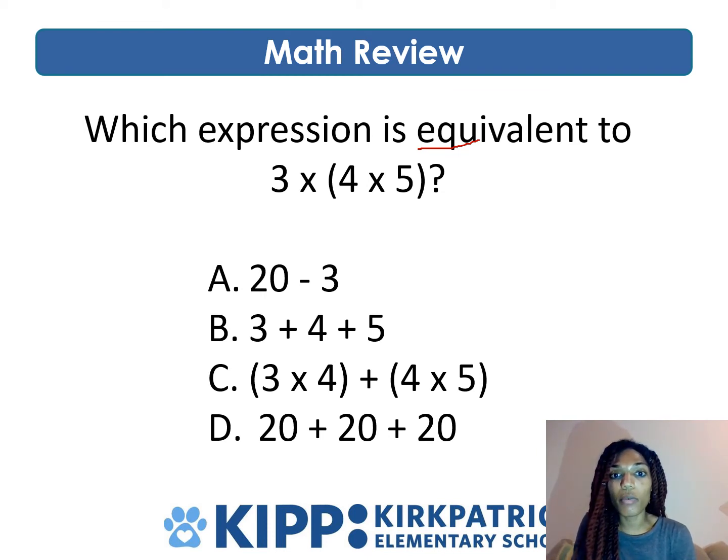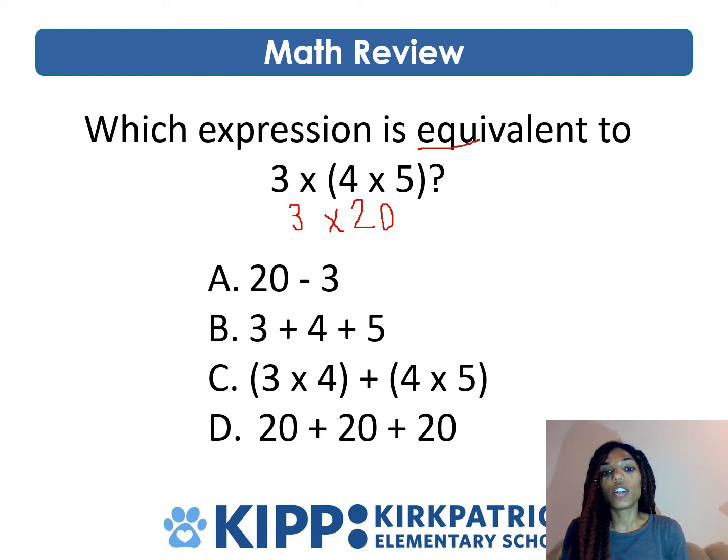So doing what's in parentheses first, we have 4 times 5, which we know is 20, so I'm going to write that down. And then what we have left over is still, we have to do that times 3.